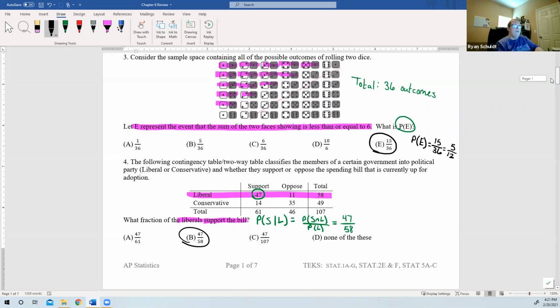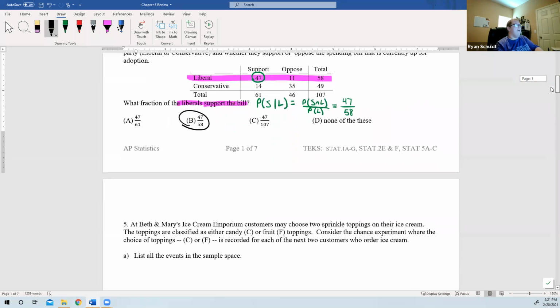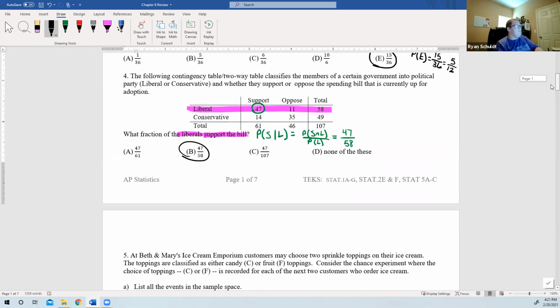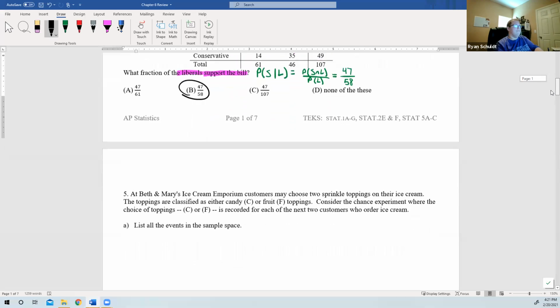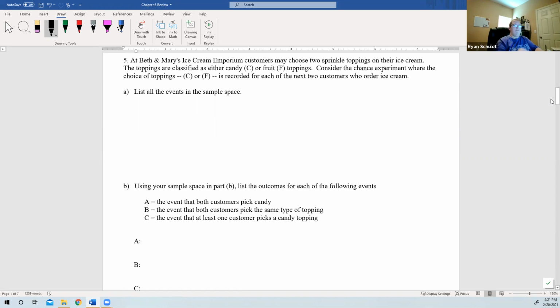Remember, not necessarily on this test, but on the AP test, you have 90 minutes to do 40 questions. You can't be spending a bunch of time going all the way through. Work it, check your answers. Work it, check your answers. Okay, number 5.